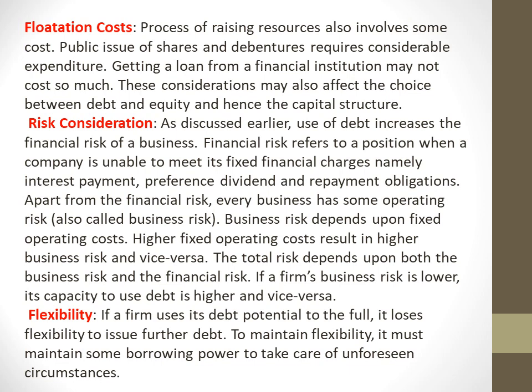If the business risk is higher, then it will lower the capacity to raise funds through debt. The other one is flexibility. If a firm uses its debt potential to the full, it loses the flexibility to issue further debt. To maintain flexibility, the company must maintain some borrowing power to take care of unforeseen circumstances.